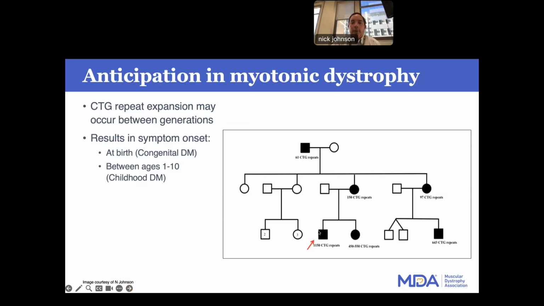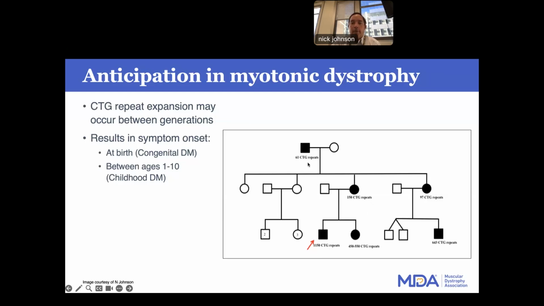Here's the proband, who was diagnosed with congenital myotonic dystrophy at birth with 1,100 repeats. You can see a sibling here, still with a pretty significant increase, who had childhood onset myotonic dystrophy type 1, as did a cousin. But both mothers really only had about 150 or 97 repeats and were not particularly symptomatic.